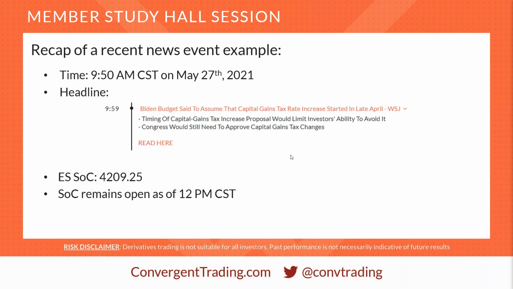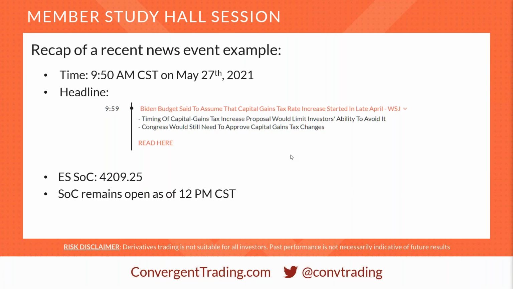Congress is supposedly who controls the purse in the U.S., the bank and the money in the U.S. So this is just kind of a shot across the bow yet again, and a reminder to the market that capital gains tax is going up, right?